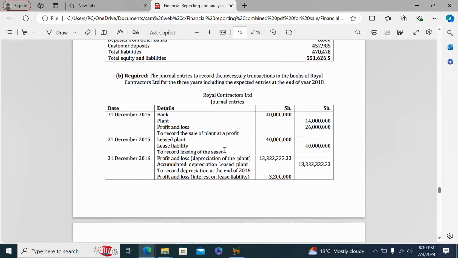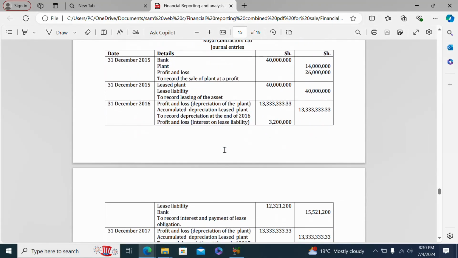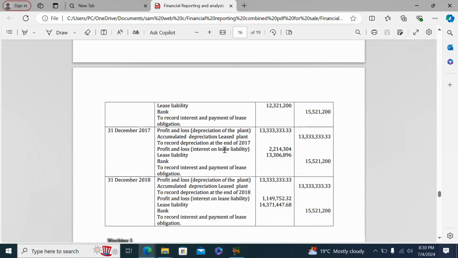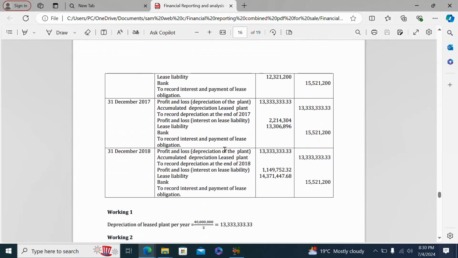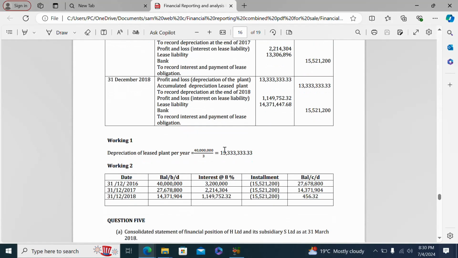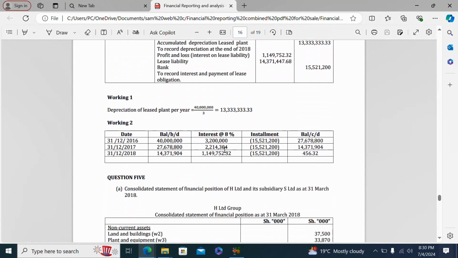Then we have Royal Contractors, we have the journal entries. Those are the journal entries. Then we have the amortization schedule.